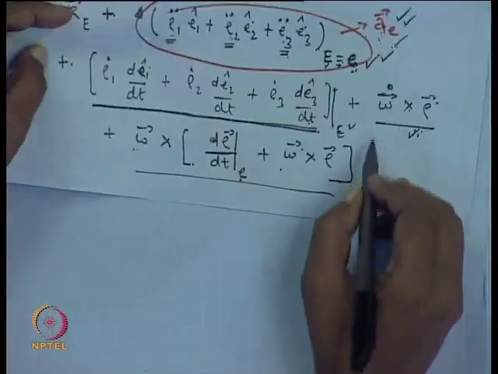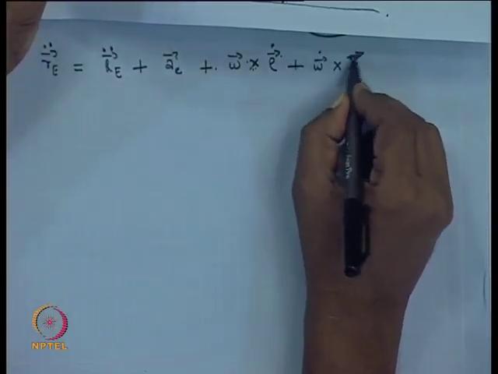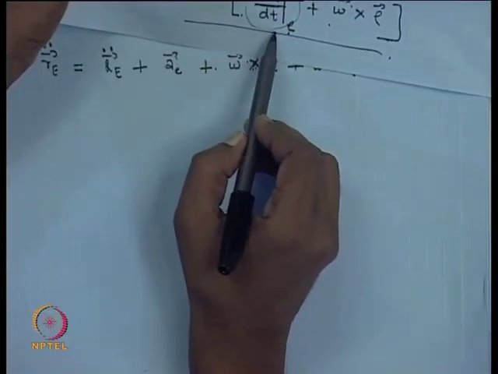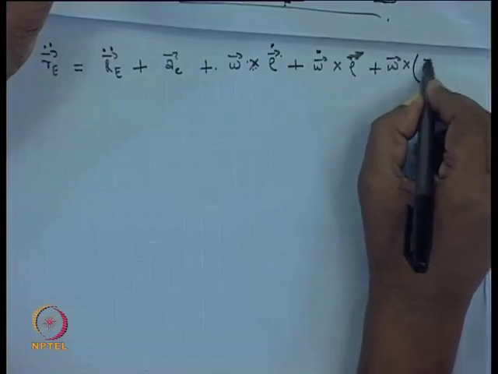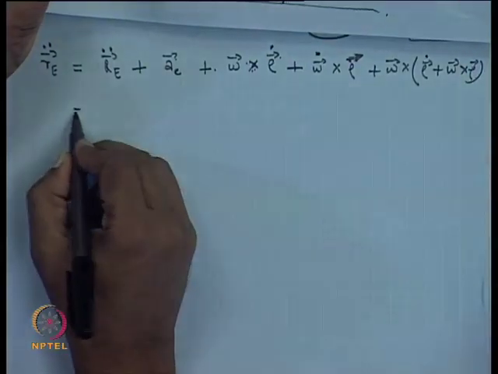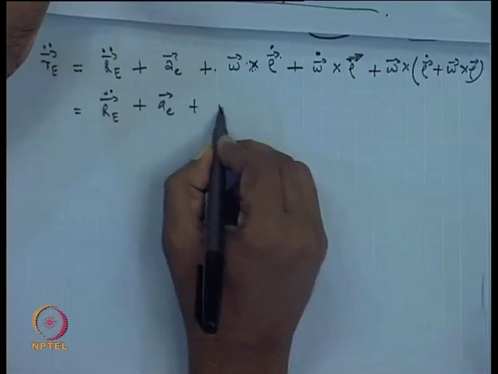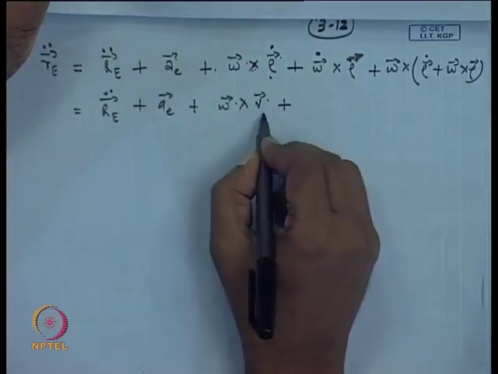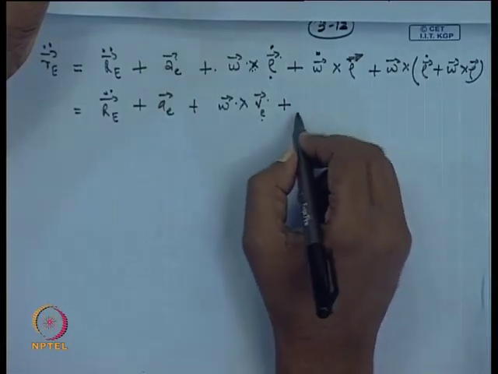So once this is done, the last term remaining is omega dot cross rho, and then finally we have this term here, which is basically rho dot with respect to the body reference frame. So we can write here omega cross rho dot plus omega cross rho, and now accumulating the terms together wherever possible, this rho dot we can replace as V, and I can put a small e to indicate this is with respect to the body reference frame.